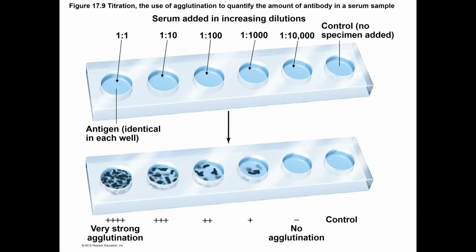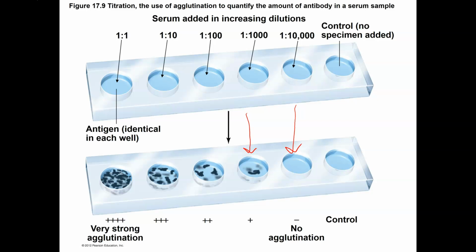And you can see that it has occurred in this well, which is 1 to 1,000, but not the next well, which is 1 to 10,000. So the titer is 1 to 1,000 in this particular test.